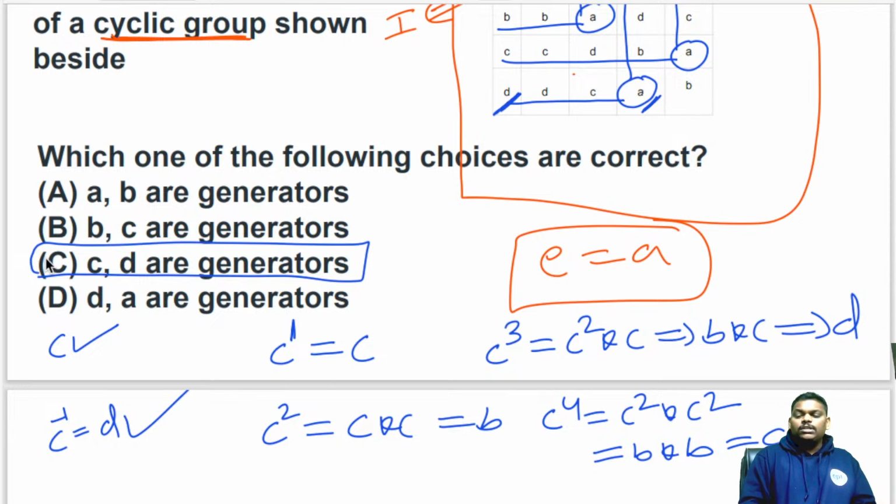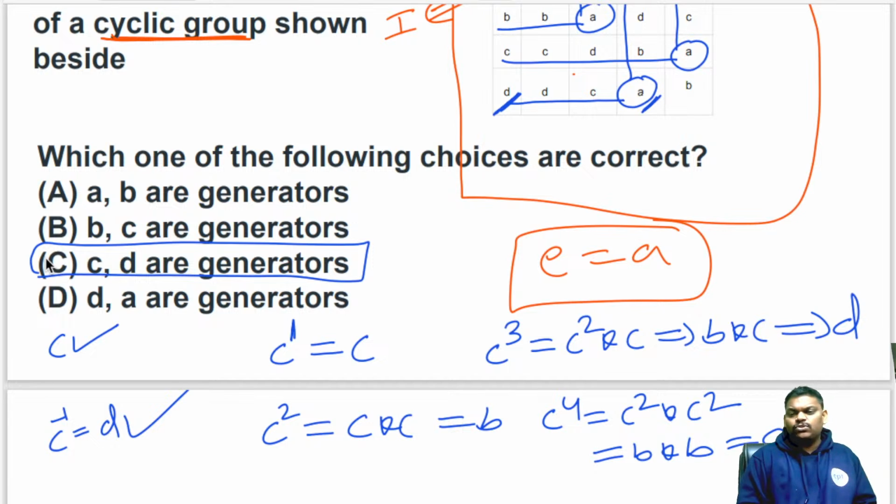Which of the following choices are correct? Who are the generators, he is asking. Generator means if I say I am a generator, powers of me will generate all the people. If I take C, you can check like that.